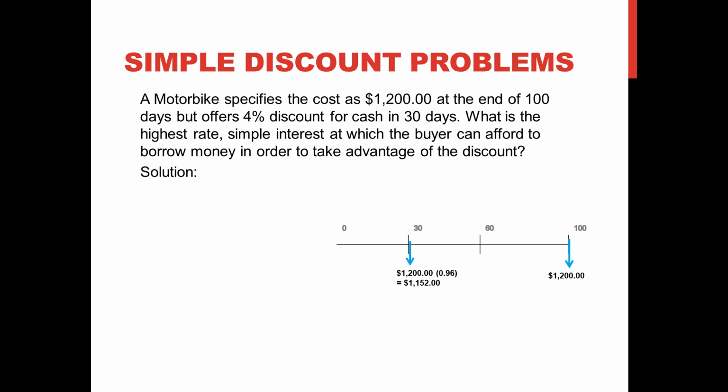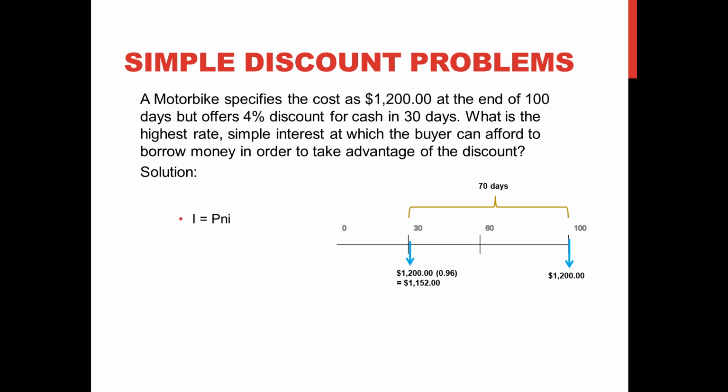So instead na 1,200, mababawasan ng 4%. And 100 minus 4 is 96%, or we multiply 1,200 with that 0.96. We'll be having 1,152 pesos. So the present time is on the 30 days, and the future time is 1,200. So that is the assumption. So that the days between 30 and 100 is 70 days, or the interval between 100 and 30.